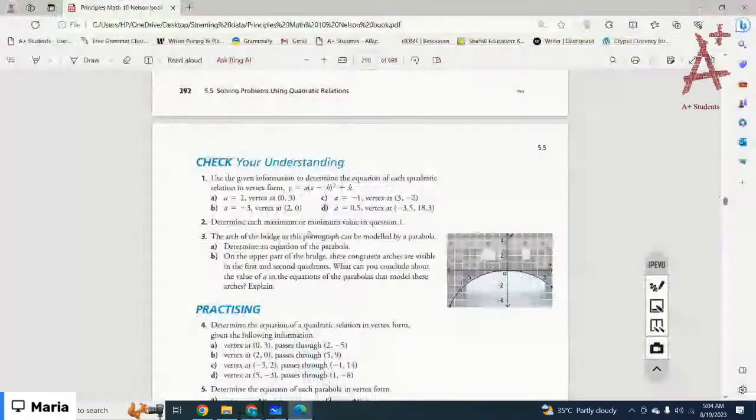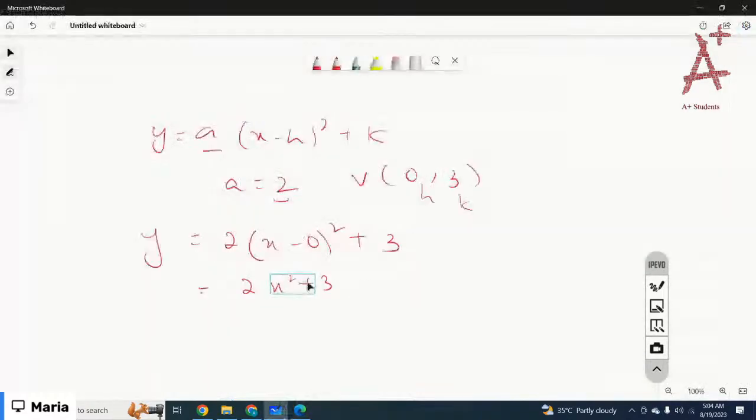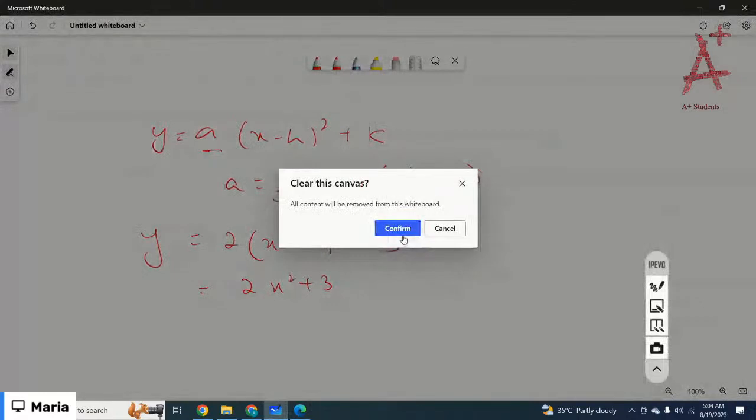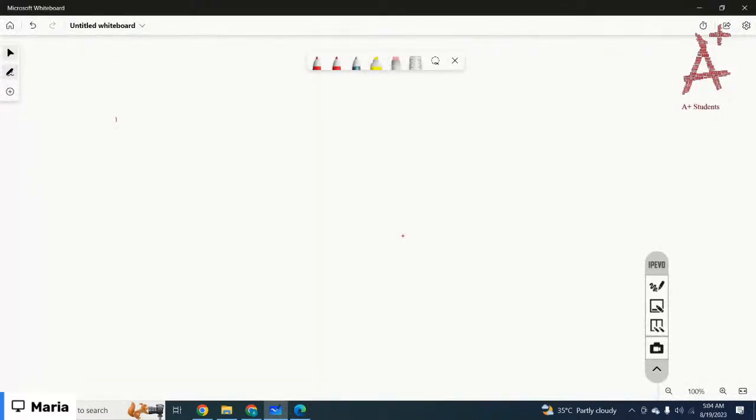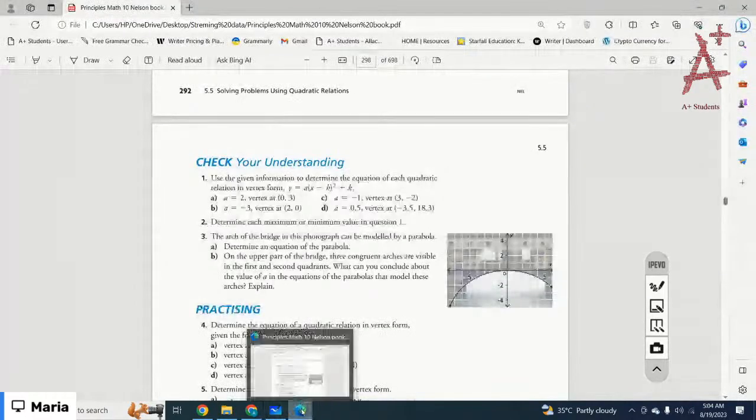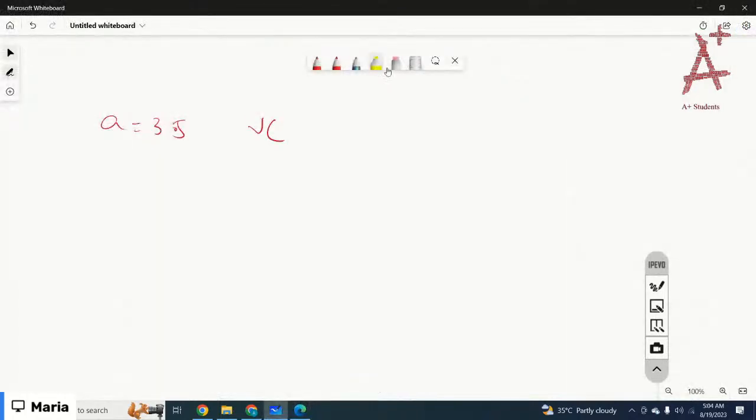The next one is a equals 0.5 and vertex equals negative 3.5 and 18.